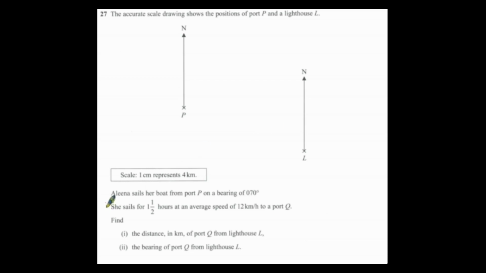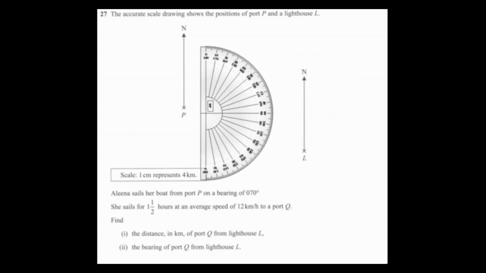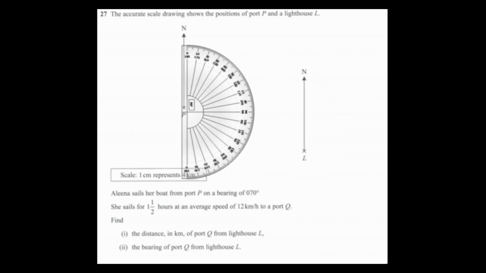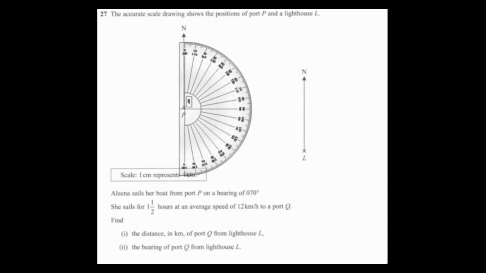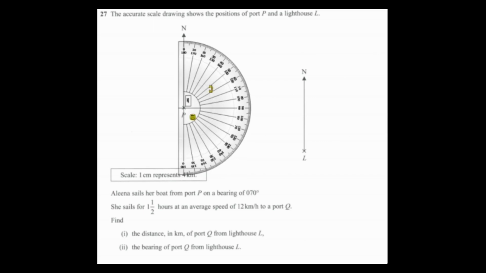So let's find out what happens here. Well, Alina sails her boat from Port P on a bearing of 070 degrees. So bearings, they are measured from north and they are measured clockwise. A bearing always has 3 digits. So we're going to need a protractor, and the protractor needs to have its center point on point P with the 0 pointing north.